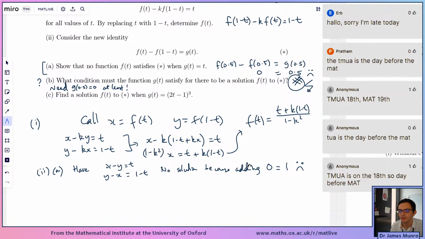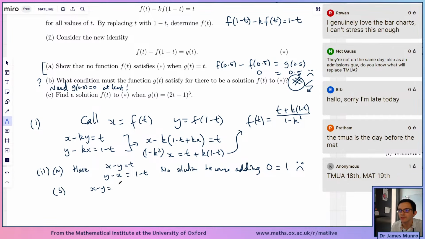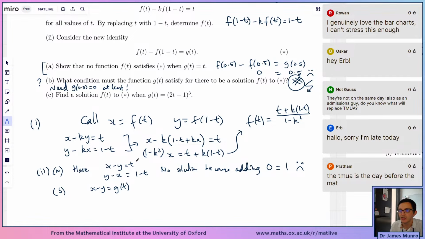So, what have we got? I guess we've got x minus y equals, so reading this out in terms of my x and y, I've got x minus y is g of t, and I'm no longer assuming that g of t is equal to the function t. And I've got y minus x. If I do the 1 minus t switch, that is g of 1 minus t.